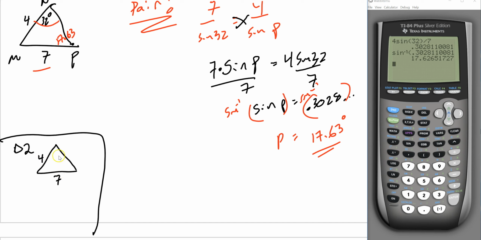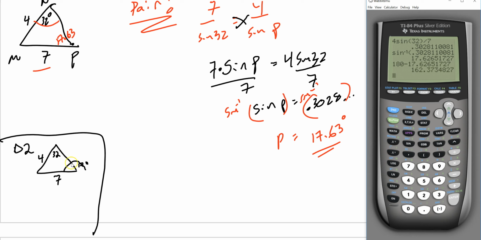So 4, 32. What's different? The first angle here, P, is 17.63, and the way you do it here, you have to subtract from 180. Because the idea is, it's not a good picture, but the 17.63 is over here. So let's do 180 minus our 17.63. That's just the rule of getting a second triangle: you subtract the angle you got from 180.